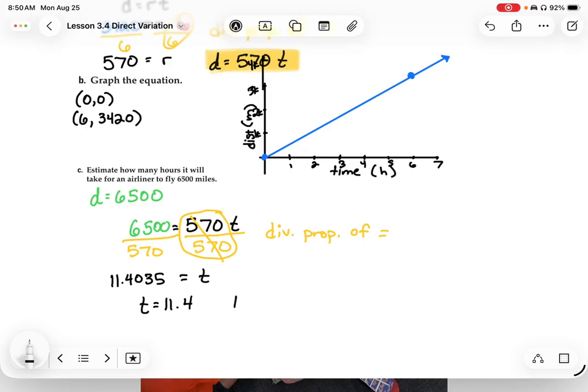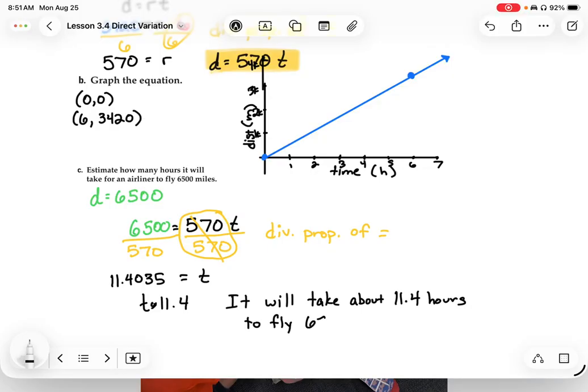So let's write our approximately equal to. It will take about 11.4 hours to fly 6,500 miles. There we go.